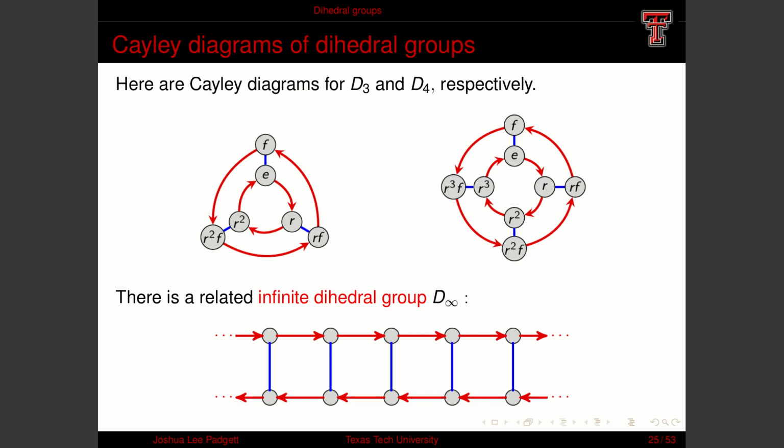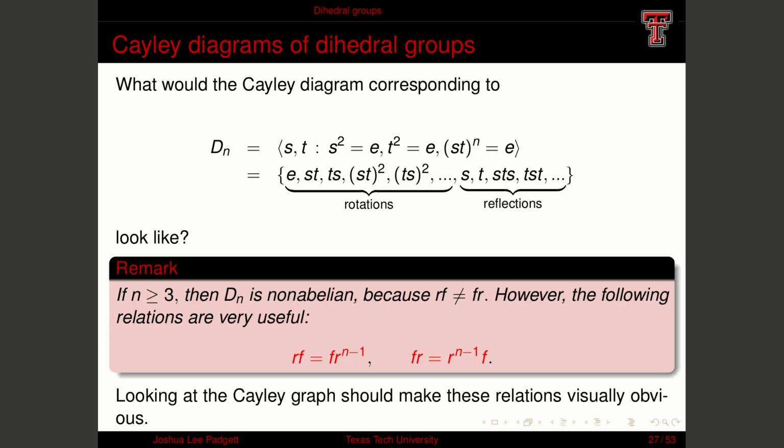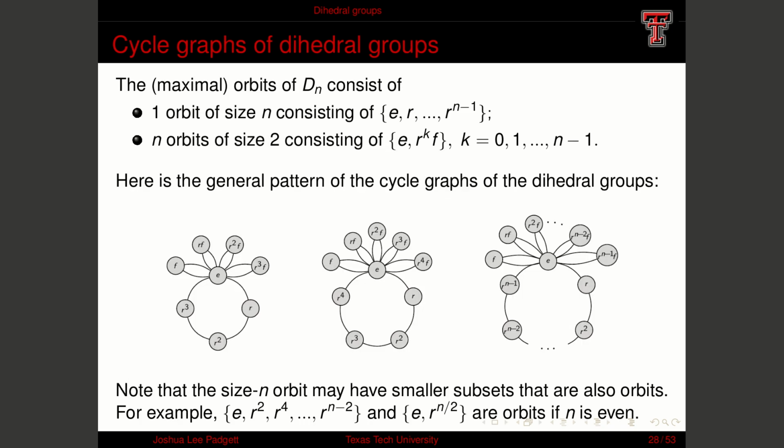So if we do RF, this is equivalent to doing F R R R, R cubed. So we can see already that there's a very natural thing, and it's because I have to traverse around the entire outer ring in order to make this work. The reason it works in this nice situation is because of the smallness of the actual ring. All right. So it's not abelian, but this still holds. We still have to traverse around.